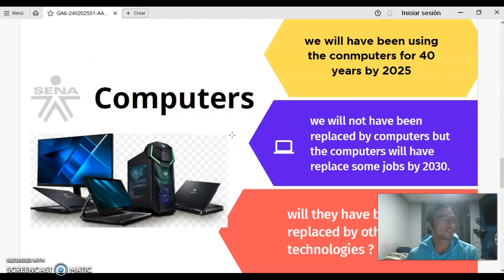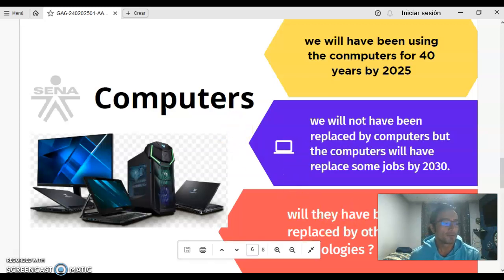The computer is another example, the difference device, and we will have been using computers for 40 years by 2025. We will not have been replaced by computers, but the computers will have replaced some jobs by 2030.